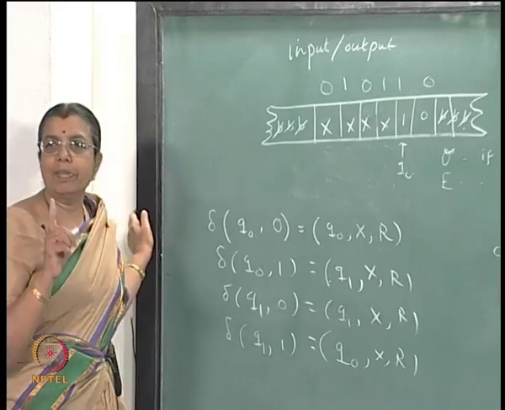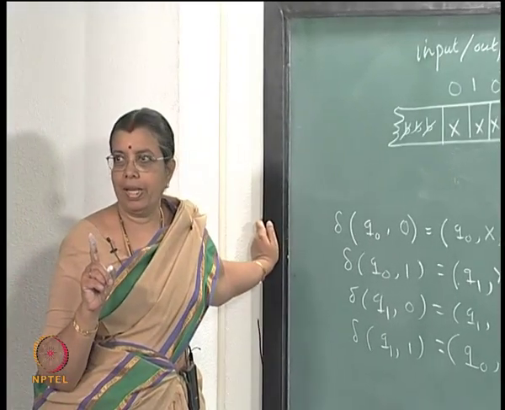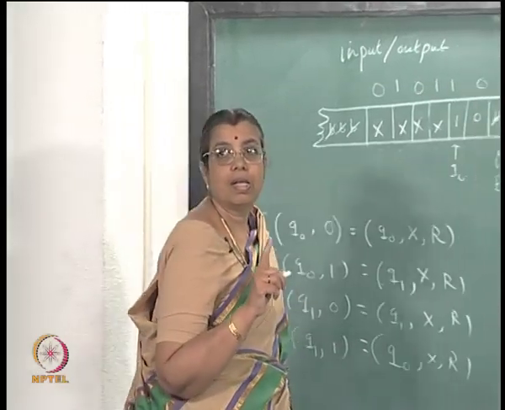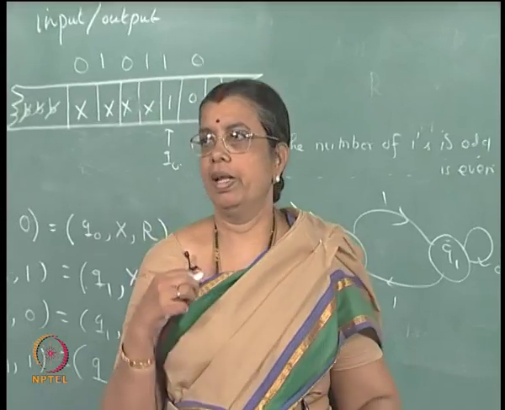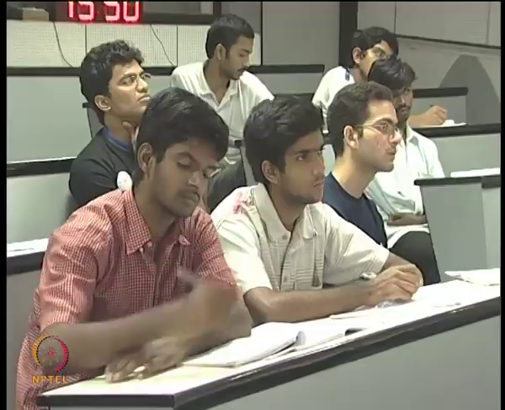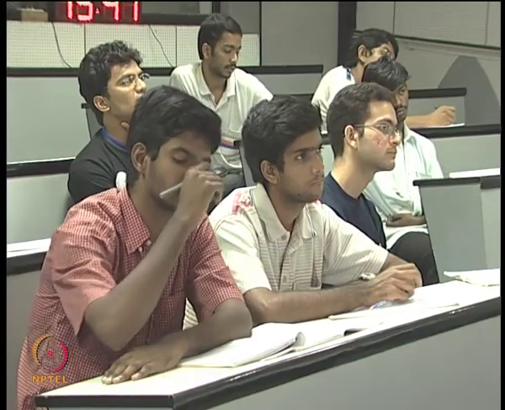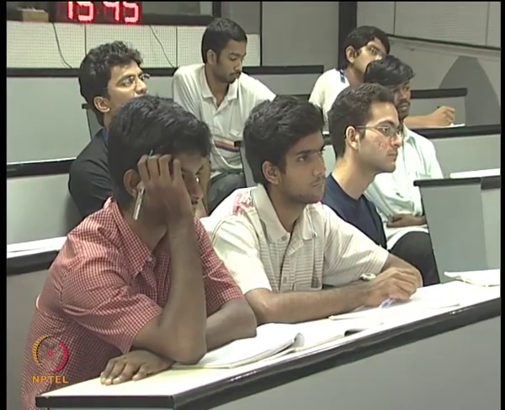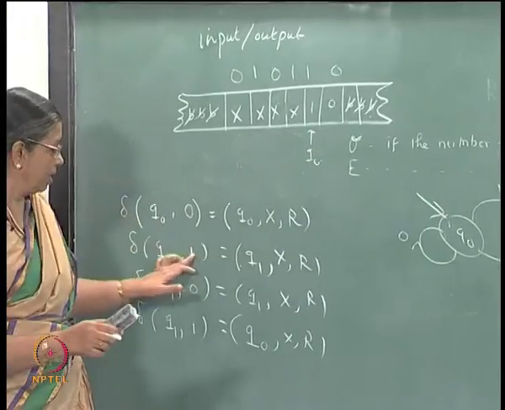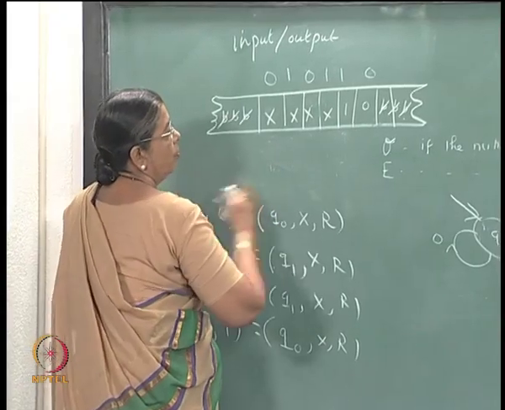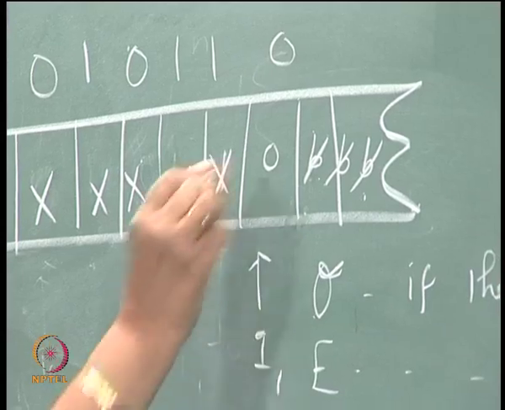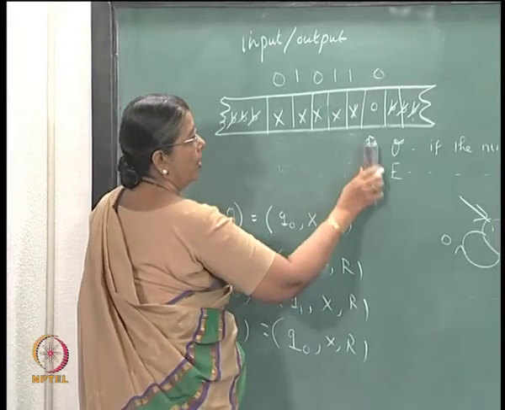So, ultimately if the machine is in q naught, what does that mean? It has seen an even number of ones. If it is in q1, it has seen an odd number of ones. So, here again in q naught it sees a 1, so in q1 it will move right. In q1 if it sees a 0, it will move right.